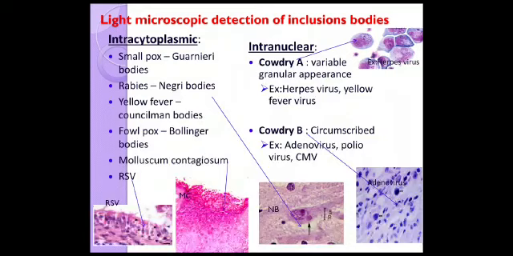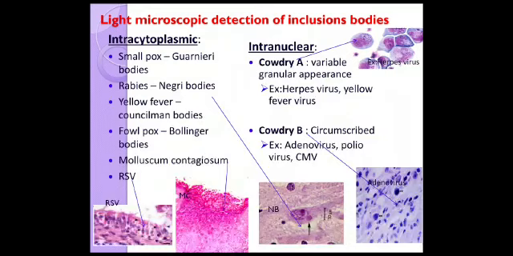The intranuclear inclusion bodies are divided into 2 types, Cowdry A and Cowdry B type inclusion bodies. Cowdry A types are variable, granular in appearance, and examples of viral infections which produce Cowdry A type inclusions are herpes virus and yellow fever virus.